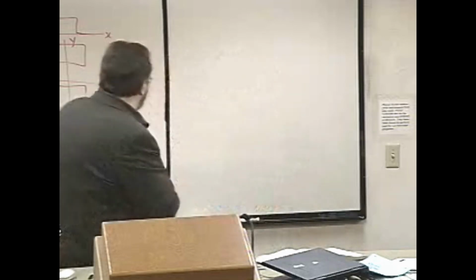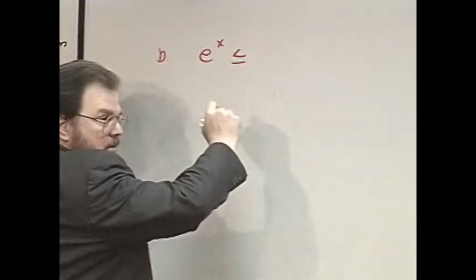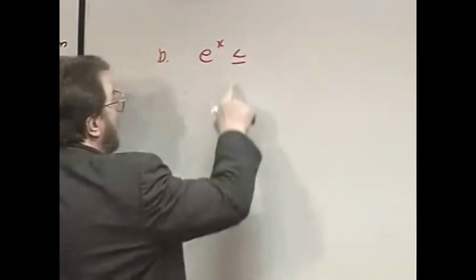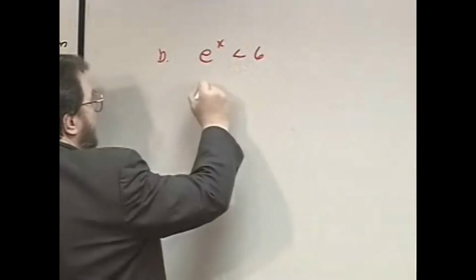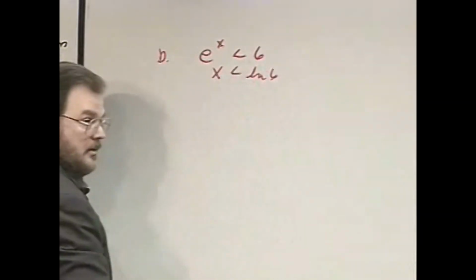Why is B separable? B is just looking at the interval of e to the x is what? Less than or equal to 6? Oh, less than 6. Okay, so that means that x is less than the log of 6, right?